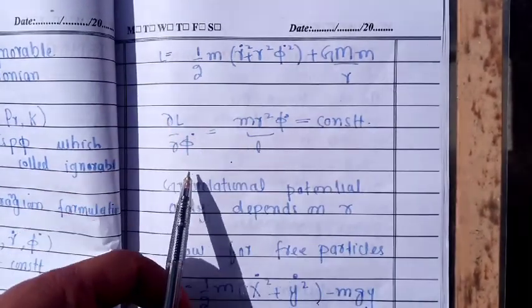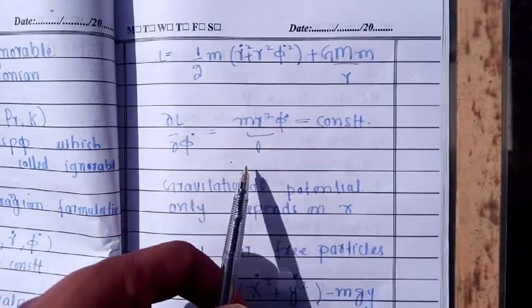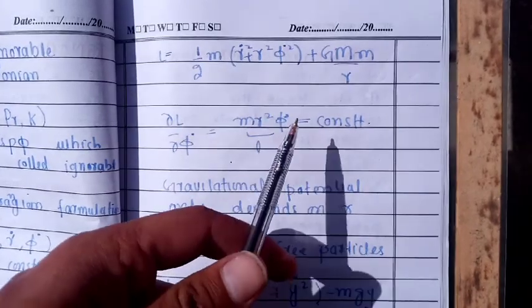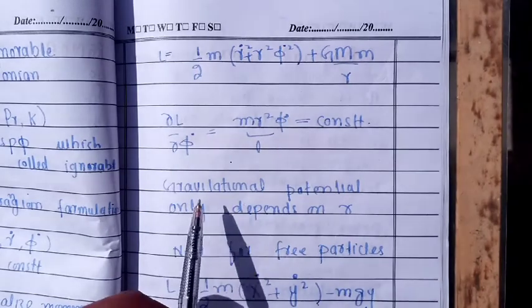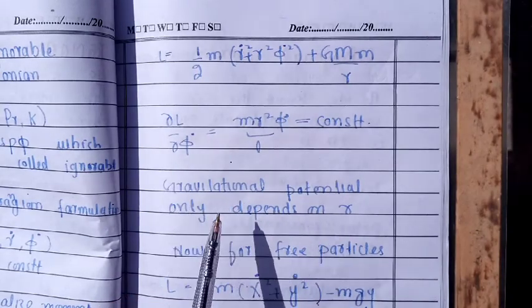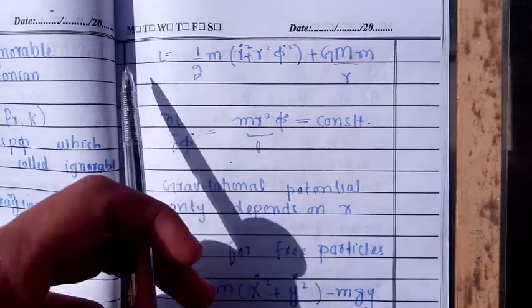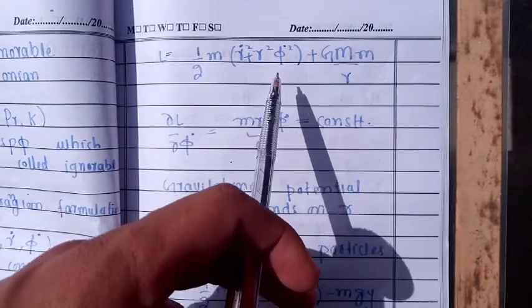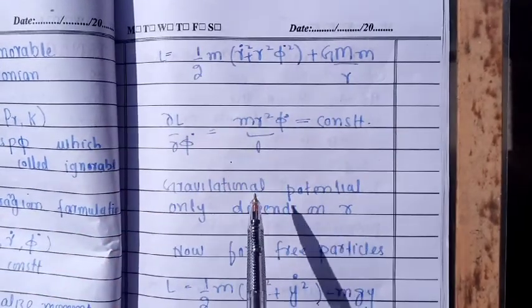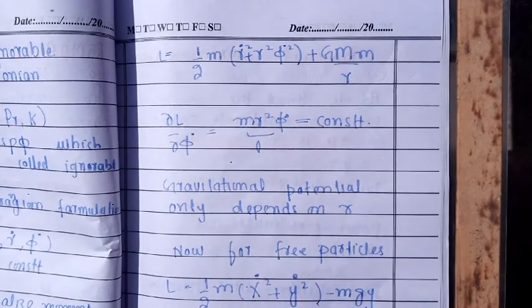So dL by d phi dot is equal to m r square phi dot, which is a constant. So the gravitational potential only depends on r. This is for the gravitational case; we did this for the generalized force and also for the generalized momenta.